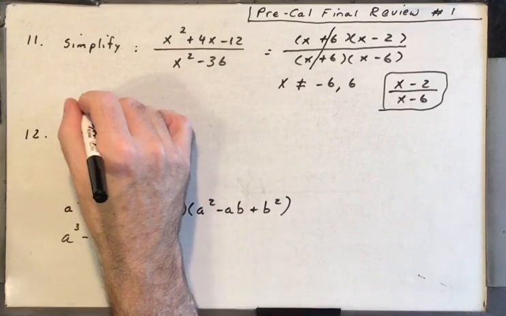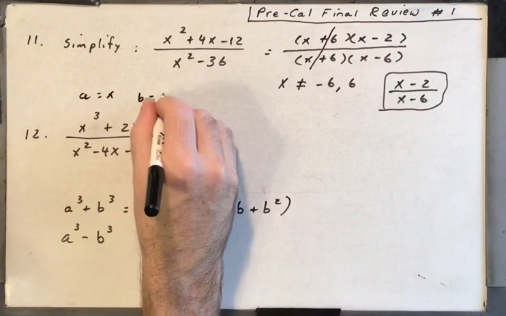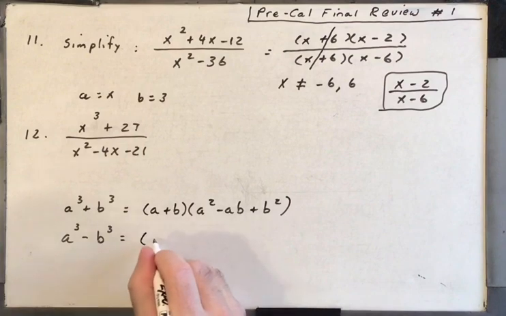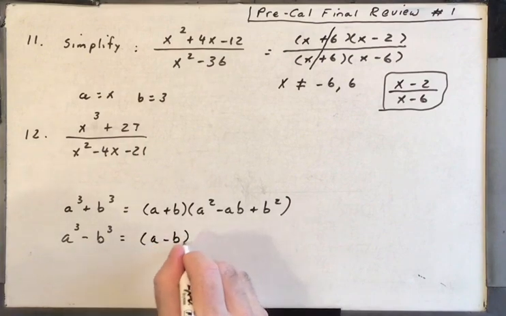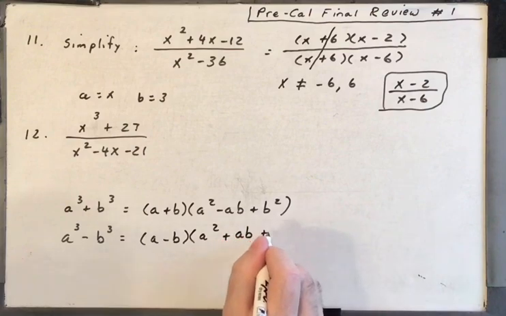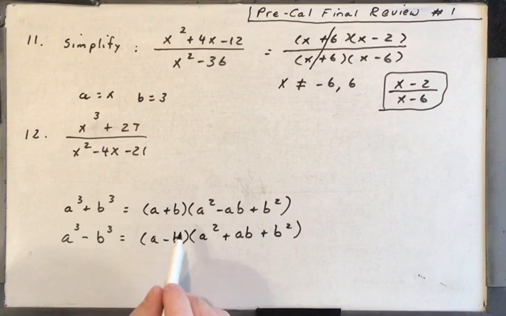In this case, a is going to equal x, and b is equal to 3 because the cube root of 27 is 3. This factors into a minus b, a squared plus ab plus b squared. All right, so you're going to want to have those handy. Know where they are in your notebook in case you get one of those.